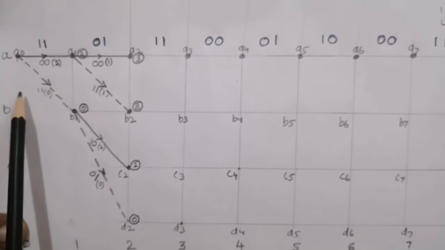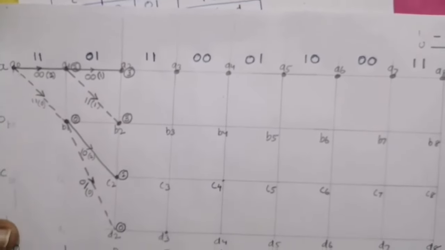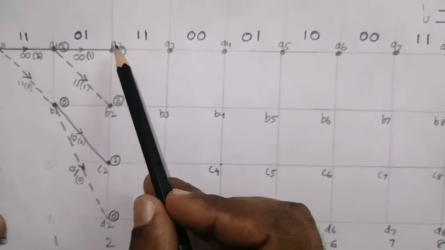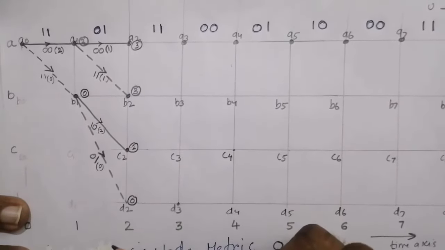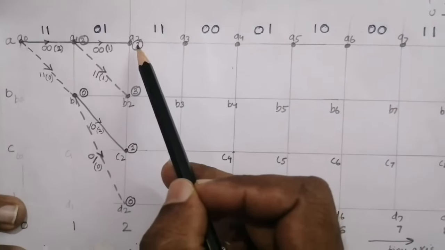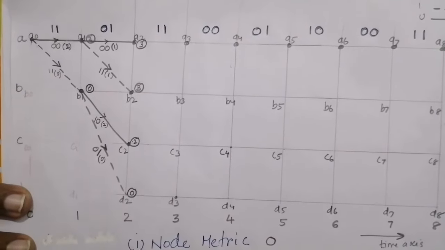So thus we completed the diagram up to stage 1. We started with stage 0, stage 1. Now we need to complete stage 2. So we have node metric up to stage 1. That is, at the start of stage 2 we have the node metrics 3 3 2 0.